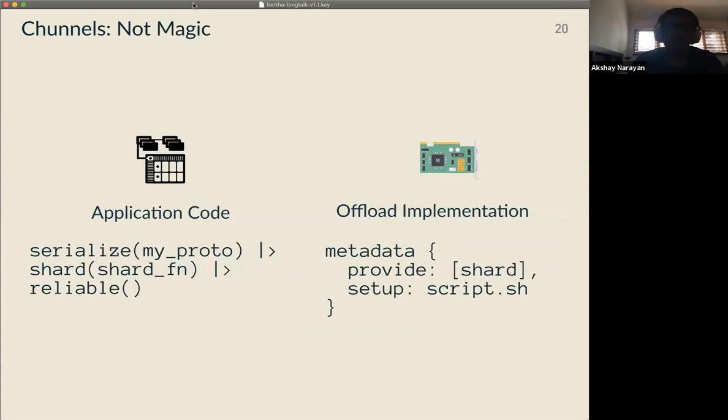It's important to note that this isn't magic. All of the same work that was happening before is still happening. But the main change is that the work is in band instead of out of band. So what do I mean by this? The offload here is responsible for configuring itself to work. And this includes all of the things that we talked about before, like controlling the SDN policy and any potential control plane actions like a data plane reconfiguration.